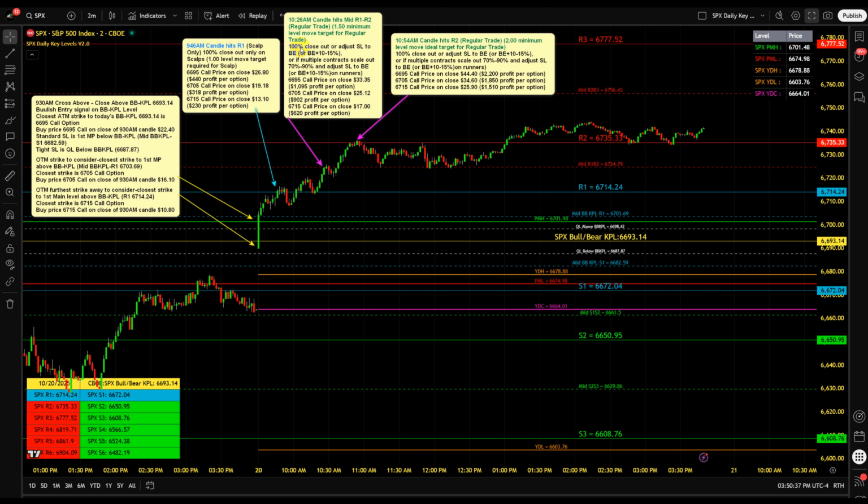Regardless of how many contracts you have, if you have one or you have multiple, you can either 100% close out the contracts, or keep all the contracts and simply adjust the stop loss on all of them to break even, or break even plus a 10 to 15% profit buffer. And only if you have multiple contracts are you able to scale out 70 to 90% and adjust your stop loss to break even or break even plus the profit buffer on remaining runners.